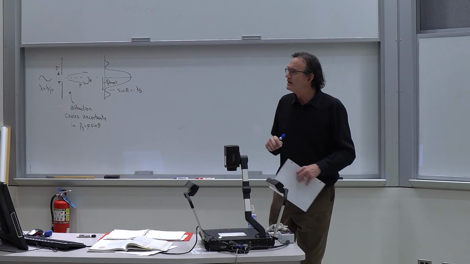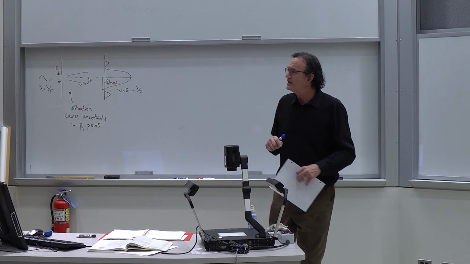What is the uncertainty in the y coordinate or position of the particle, delta y? I can write delta y as d over 2. So what is the product of delta y and delta p sub y?